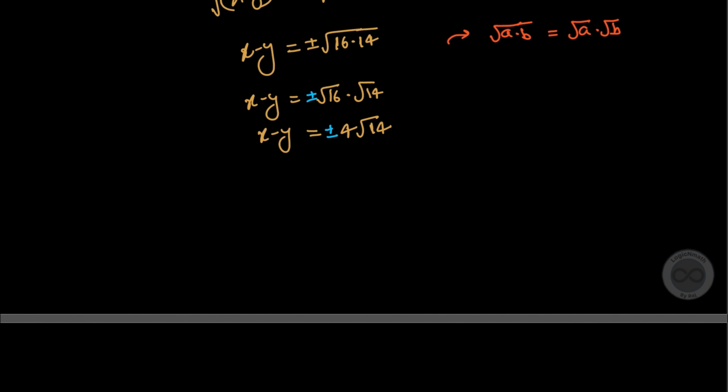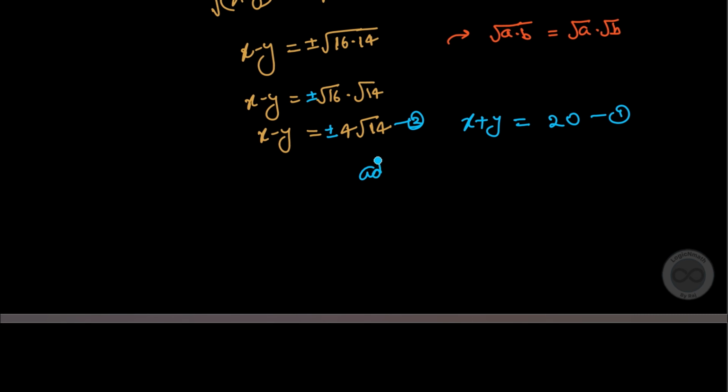So now we have two equations: x minus y is equal to 4 root 14, and x plus y is equal to 20. This was our equation 1, and let this be equation number 3.